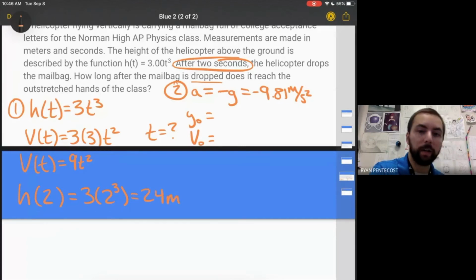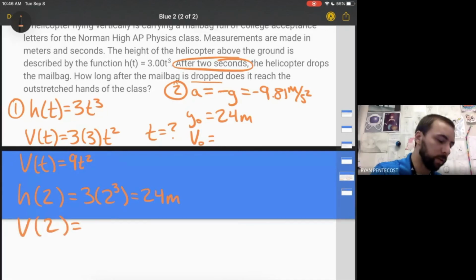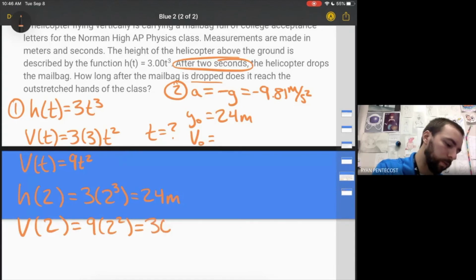So that is the height at 2 seconds. So that would be our initial position for part 2. And we need the velocity at 2 seconds. We just got that function, 9t squared. So you have 9 times 2 squared, which is 9 times 4, which is 36 meters per second.